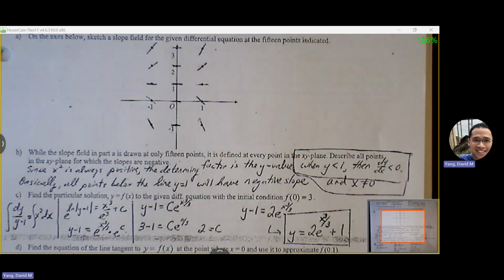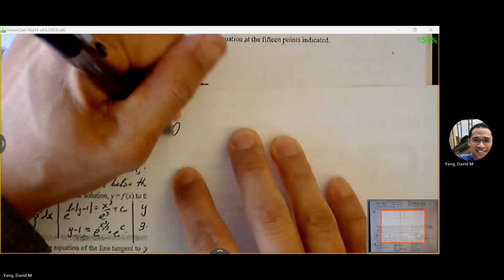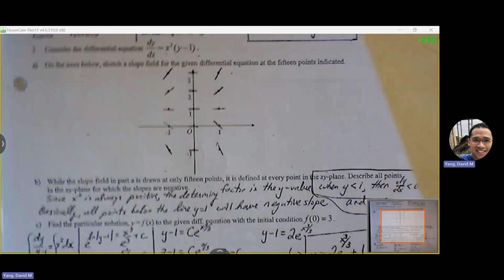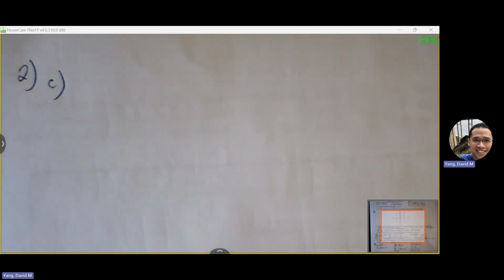Okay, part C, let's build our particular solution. So this is where we're going to need the most work here. Hopefully there's enough space for us to try this.